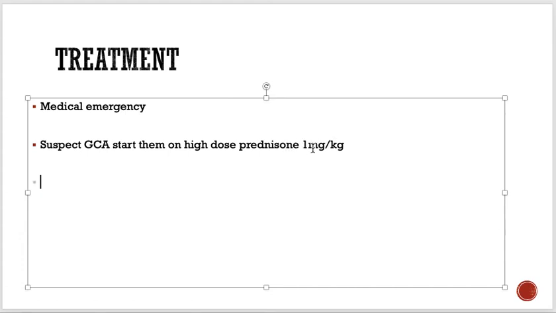This is the treatment which can prevent blindness or other vascular complications. After that, consider low dose acetylsalicylic acid to help decrease visual loss. So this is how we treat this condition.